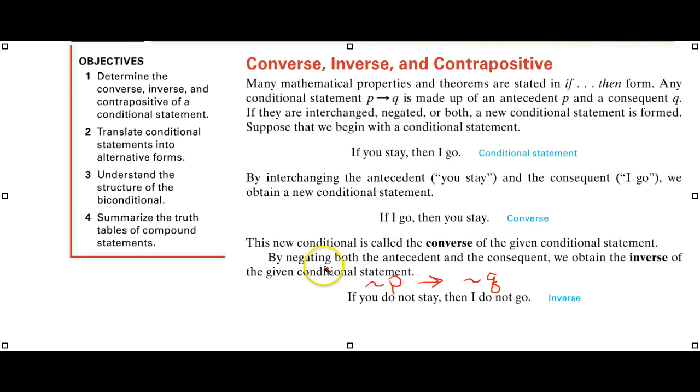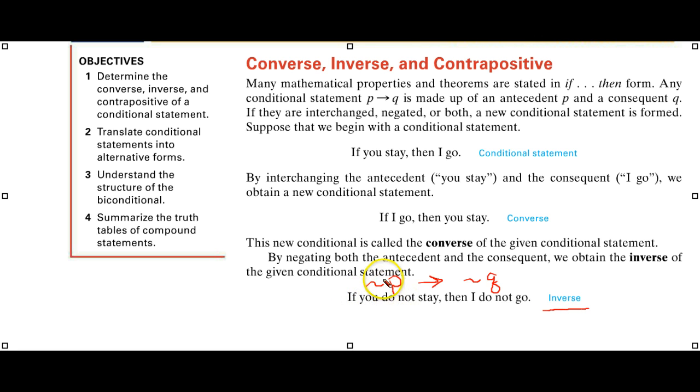Now, by negating both the antecedent and the consequent, negating them, we get a new conditional statement, which is referred to as the inverse.